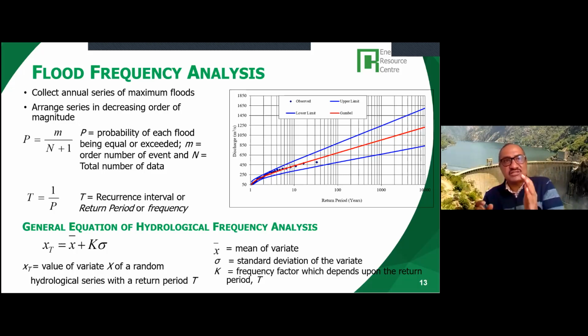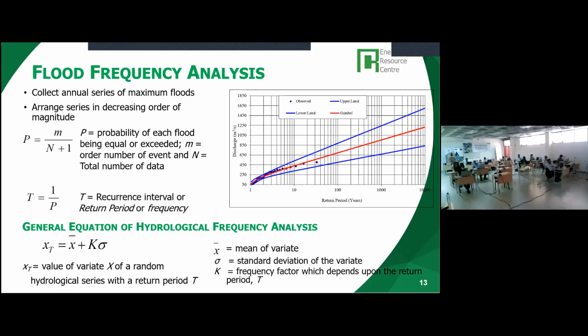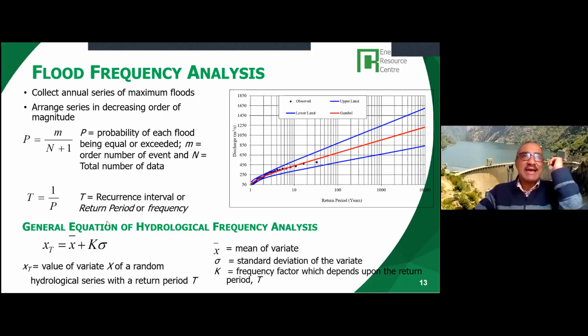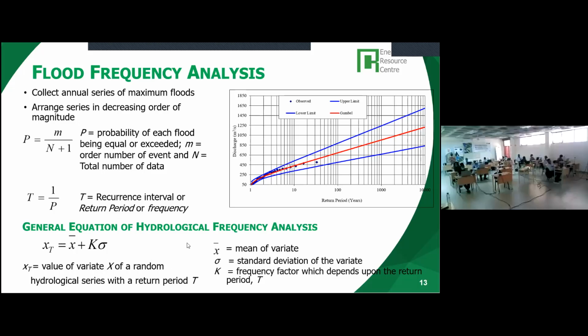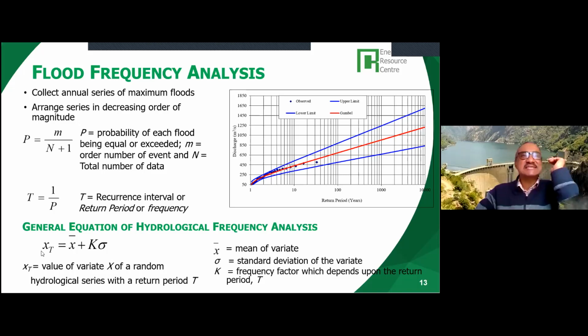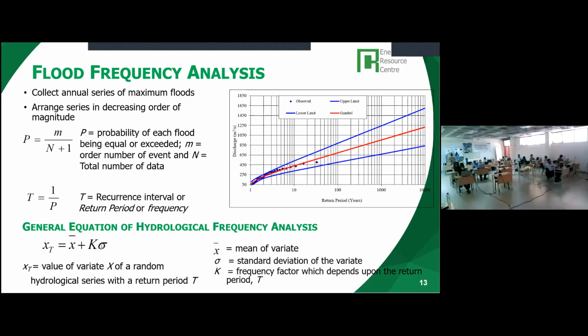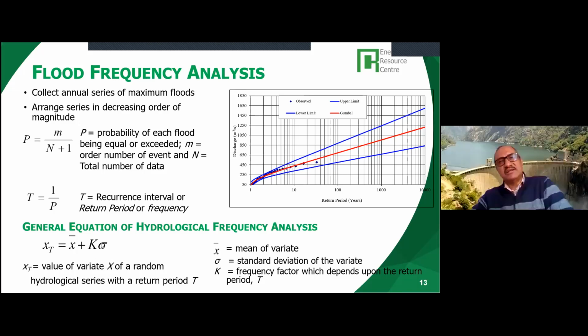No, it's 10,000 years, 4 zeros, a million years. So this is the probability and the return period thing. And the equation for hydrological frequency analysis is basically here. During the exercise, we'll do a little bit of this, and I'll go into details in the following sessions.